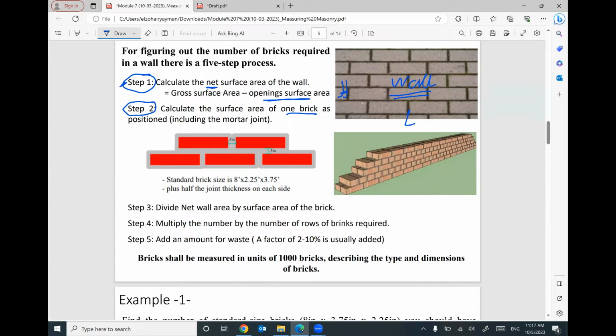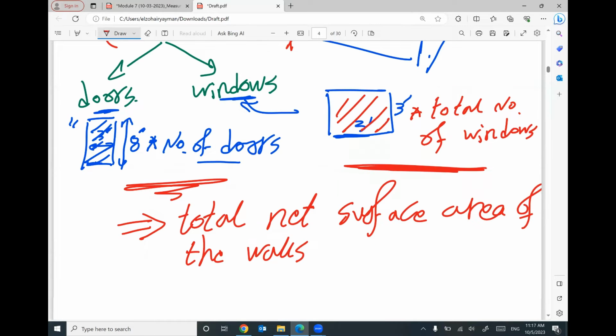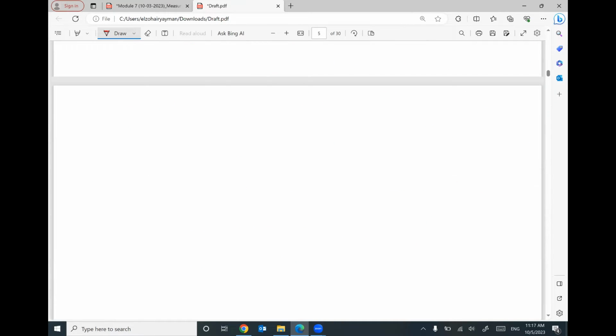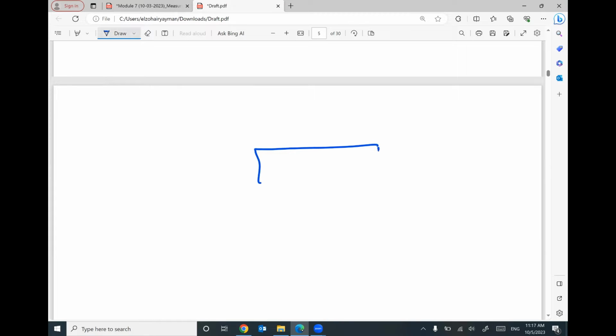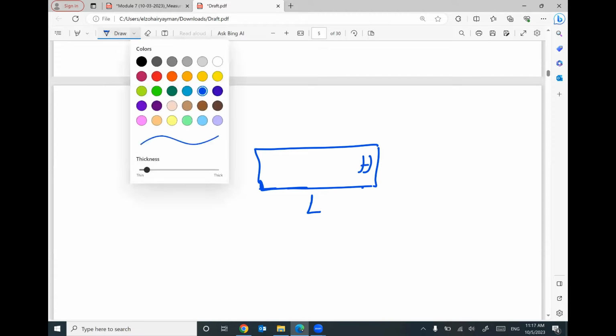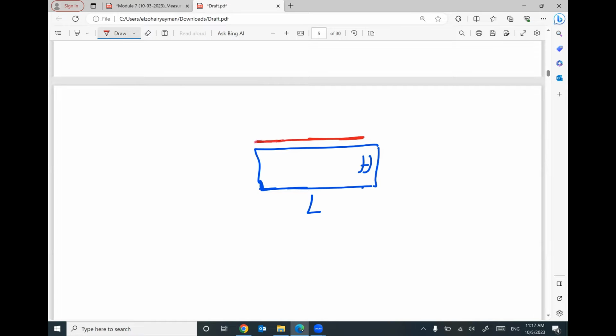Second step, we need to figure out the surface area of one brick. Keep in mind, if you are given a brick that looks like this, this is the length and this is the height. I don't care about the width right now. Keep in mind, I'm going to build a mortar on this brick, up and down, and on this side and this side.